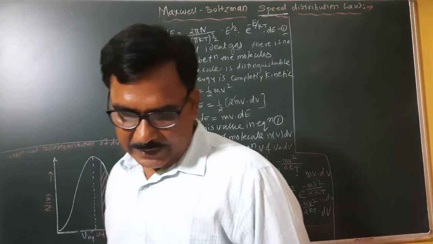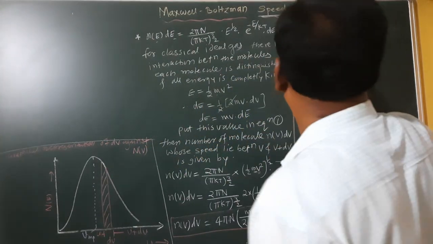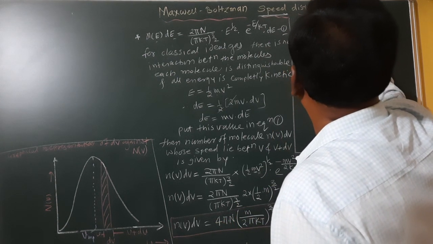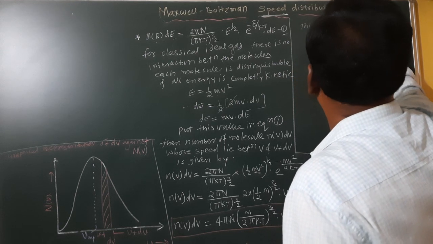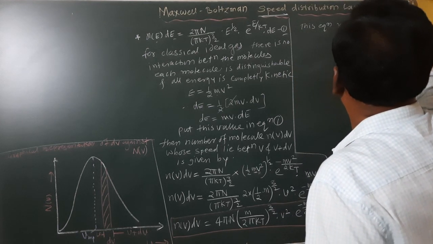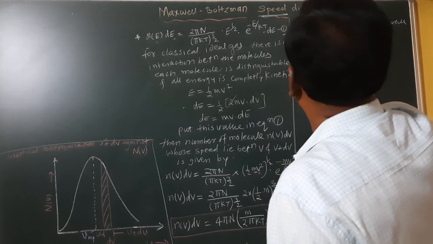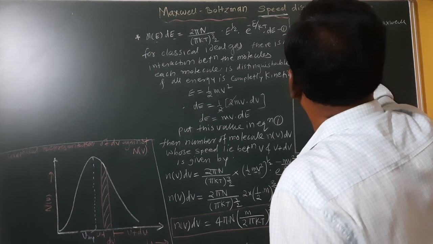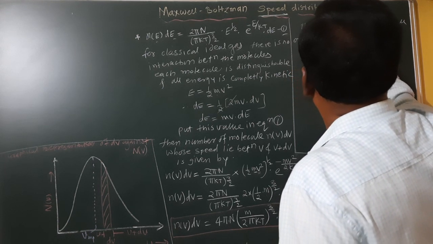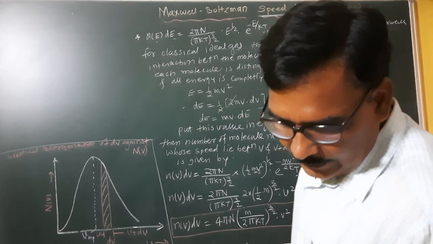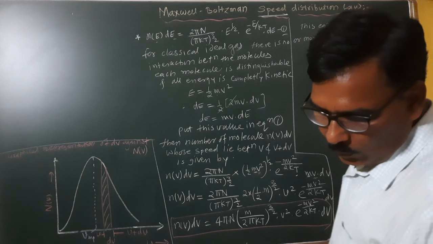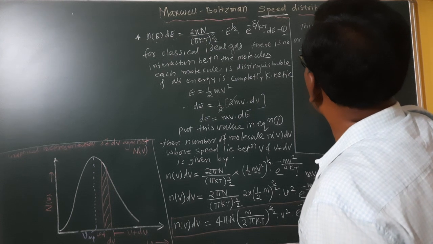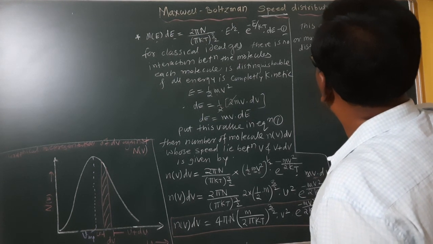This equation is known as the Maxwell-Boltzmann law of distribution of speed.